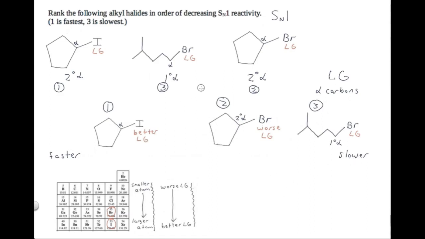Finally, I'll mention that if you actually looked at your table, you would notice that the table would actually predict no SN1 reaction at all for this molecule. We don't usually predict SN1 at all for a primary alpha carbon, but that's no difficulty or no problem. That's why we said that SN1 would be slowest in this case.